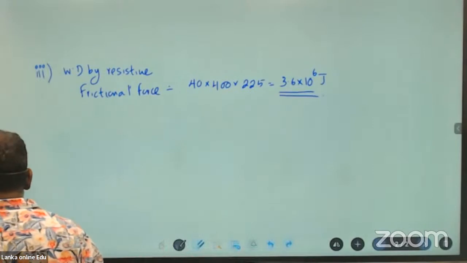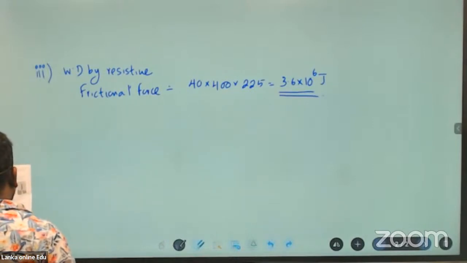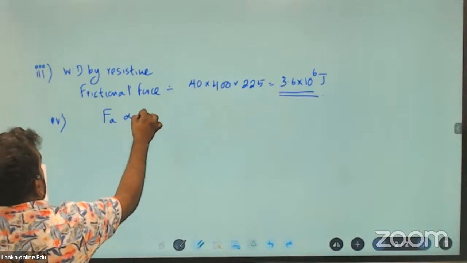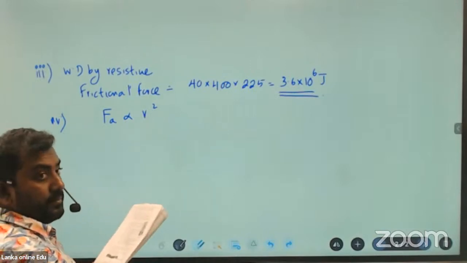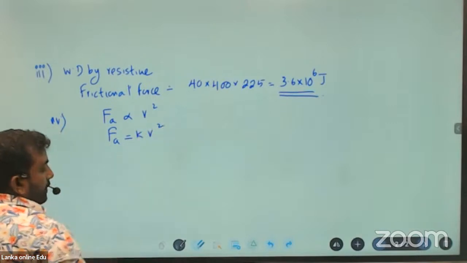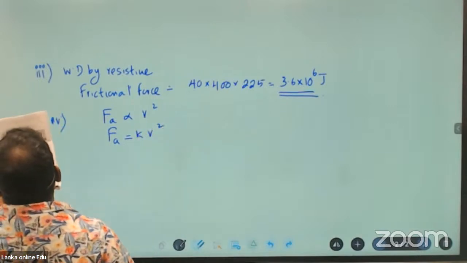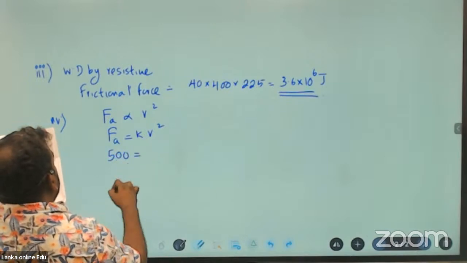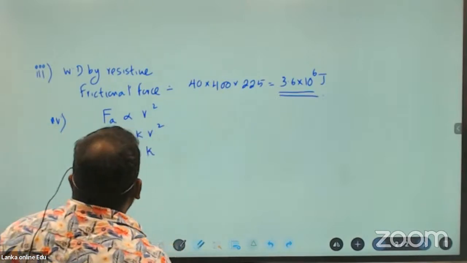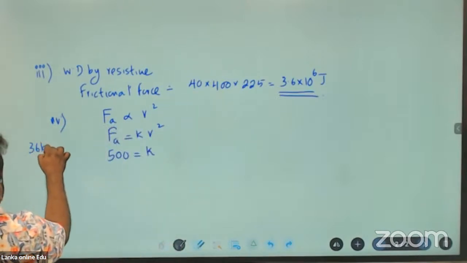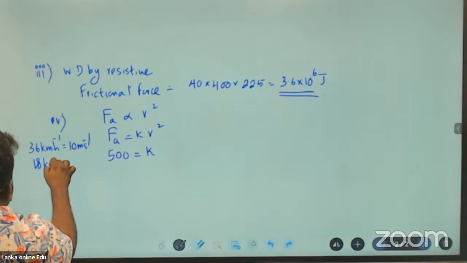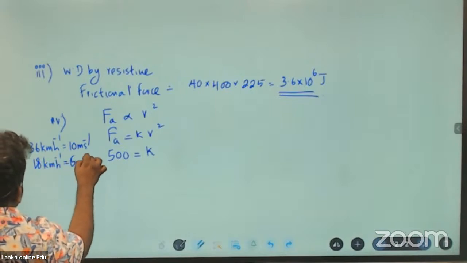Part 4: Find the air resistive force when the velocity is 54 km per hour. Look below. Air resistance is proportional to velocity squared. I hope you understood this. Air resistance is K times V squared. They are giving you air resistance here, 500 Newton, at 18 kilometers per hour. I hope you remember this: 36 kilometer per hour is 10 meter per second, so 18 kilometer per hour is actually 5 meters per second.